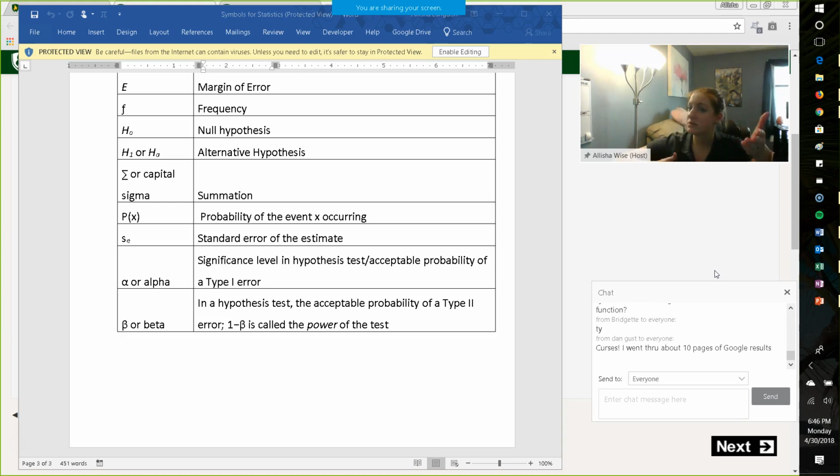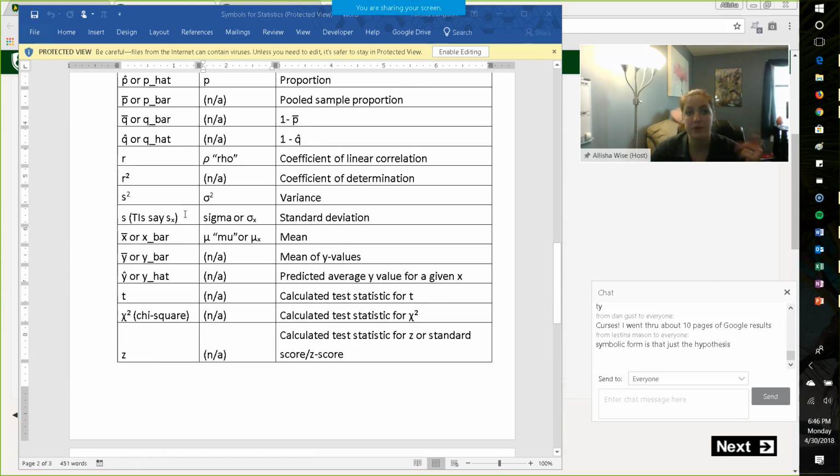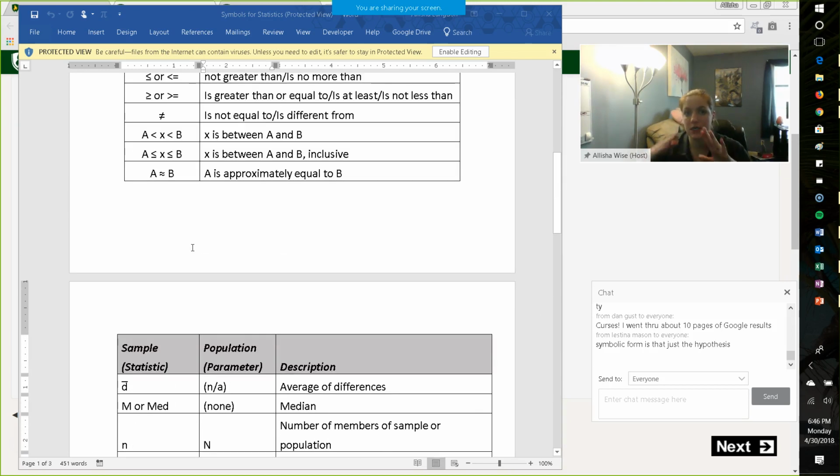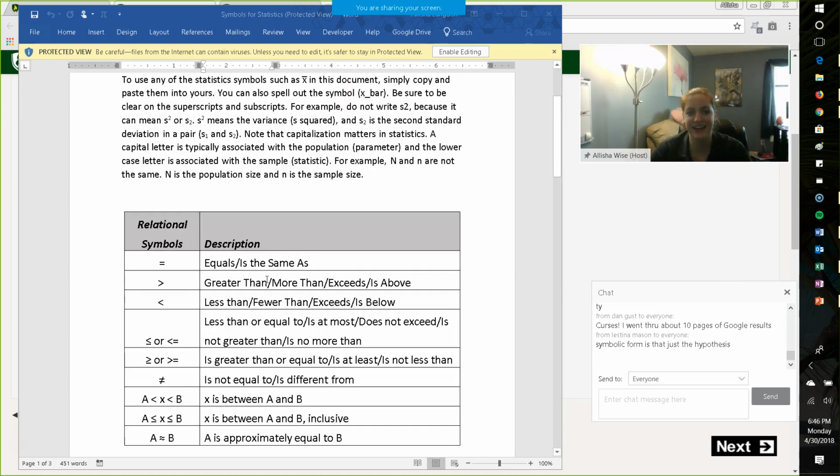Any other questions or suggestions or thoughts? Always happy to hear ideas. Yep, Lestina, symbolic form is just writing the hypothesis in symbol form. So H0, HA, and then whatever it is.